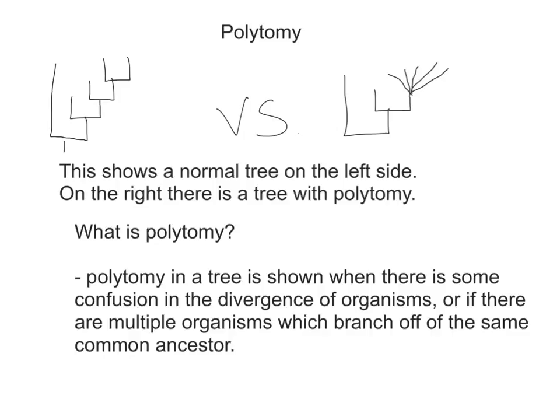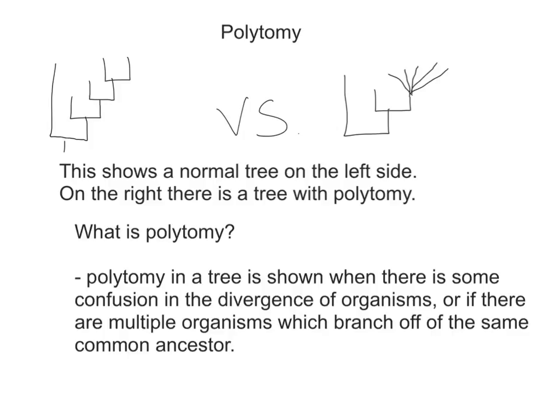So here's another term we have, and these are often seen in trees too. It's a polytomy, and I have a normal tree drawn here on the left side, and on the right is a tree with a polytomy. And what that is, is shown in a tree where there's some confusion in the divergence of organisms. So maybe it's unclear which organisms branch off where, and so it's just drawn as a polytomy.